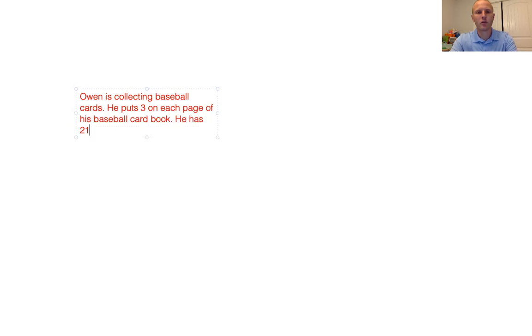He has 21 total baseball cards. How many pages does he fill? Same process that we just used. So we are going to, let me draw the problem out first. We have 21 total. We're dividing that into groups of 3.